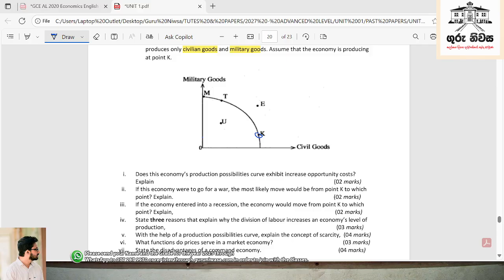Okay, explain. You can make your own answer. If the economy entered a recession, some resources become unemployed, or we can say the economy is not able to use all resources for production activities. So unemployment will take place, and the economy will move to point U, inside the curve. You can make your own answer, but explain.